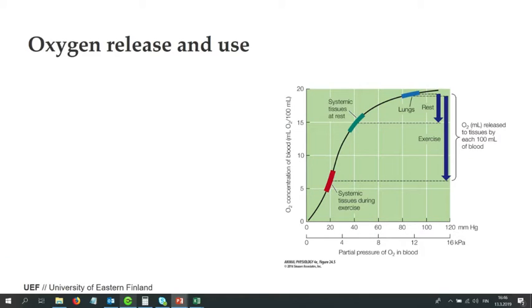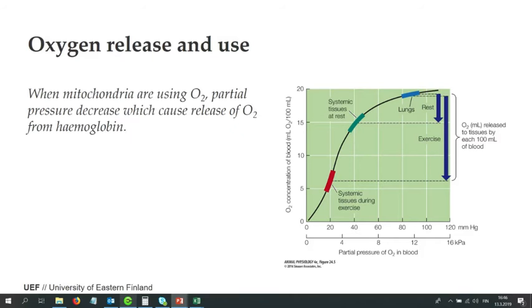Okay, then we have oxygen for the rest of the body, and we had to release, and after that we had to use it. Or actually we started from the use. So we have mitochondria, and because the mitochondria are using the oxygen, that's the reason in the rest of the body the partial pressure of oxygen is lower.